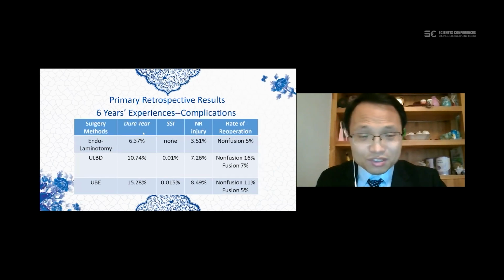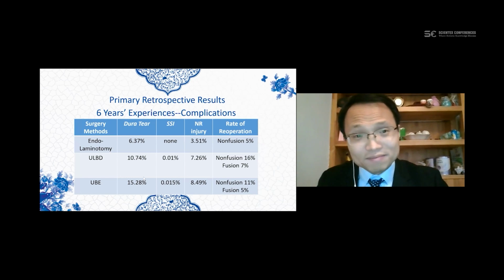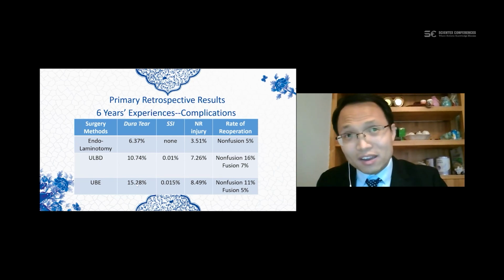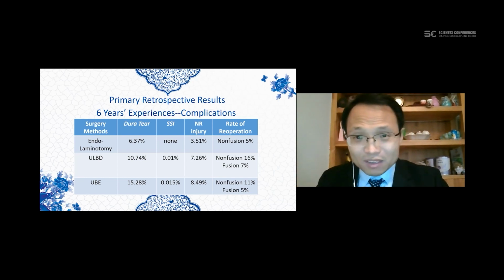About the complications in 6 years of experience, dural tear is the number one complication, especially for unilateral biportal decompression and UBE, unilateral laminotomy for bilateral decompression, because we have to go over the top of the dural sac while removing the ligamentum flavum. The punches sometimes cause a tear of the dura.